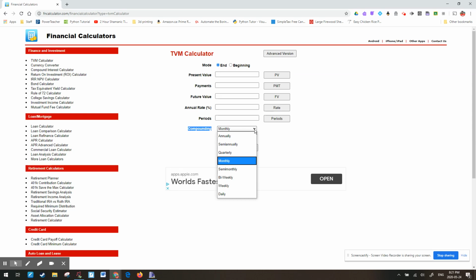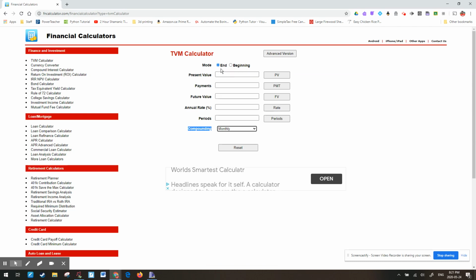Okay, so we look at that and we're going to fill in everything. Now, there's one thing that I didn't stipulate, and it's end or beginning, and that has to do with when does the payment occur. So if I said I make monthly payments, do I put the payment away on the first day of the month, or on the last day of the month?